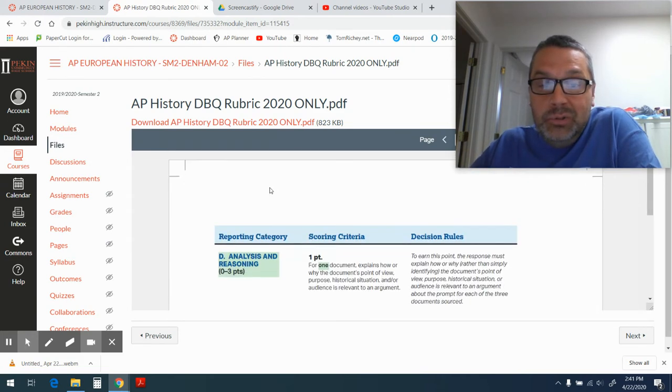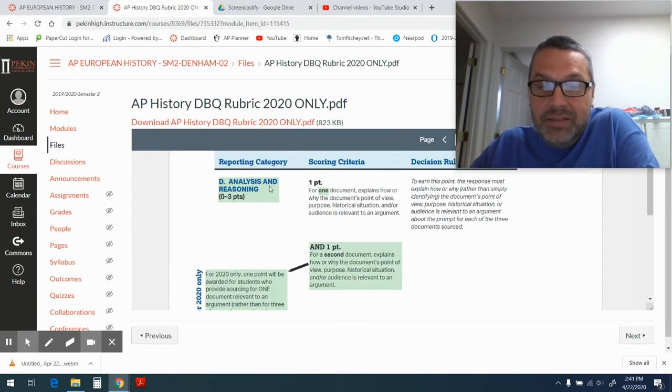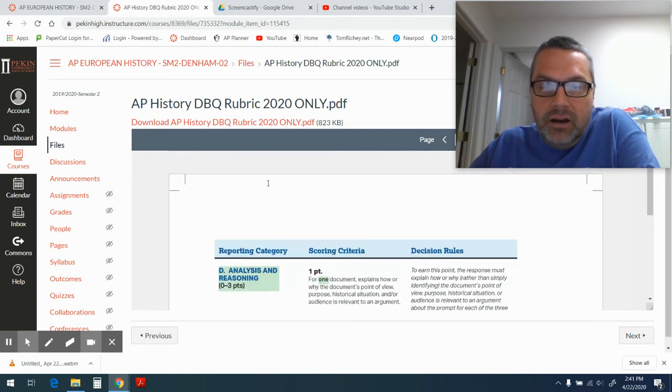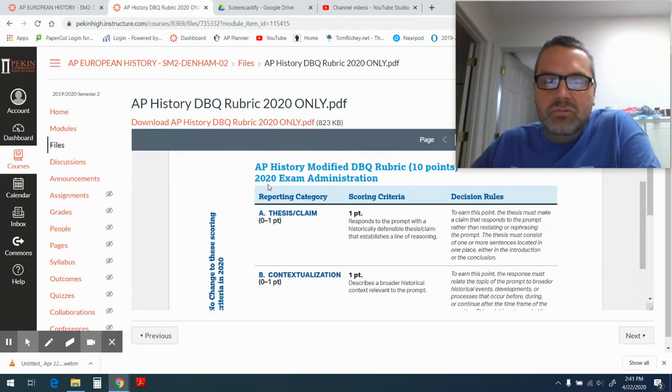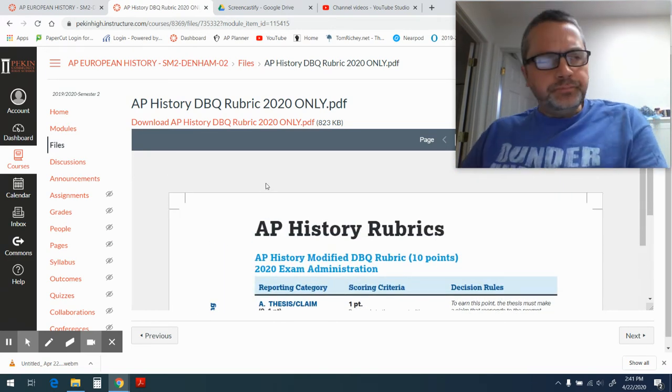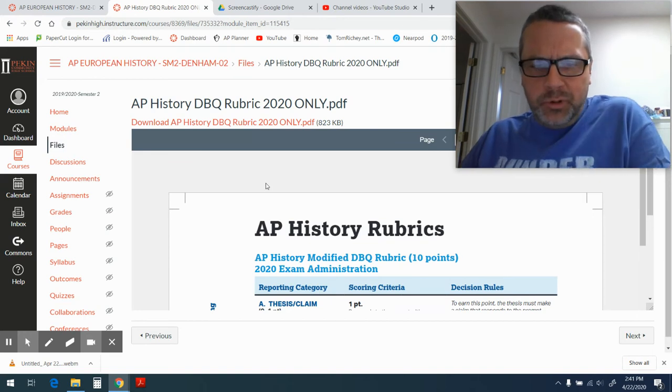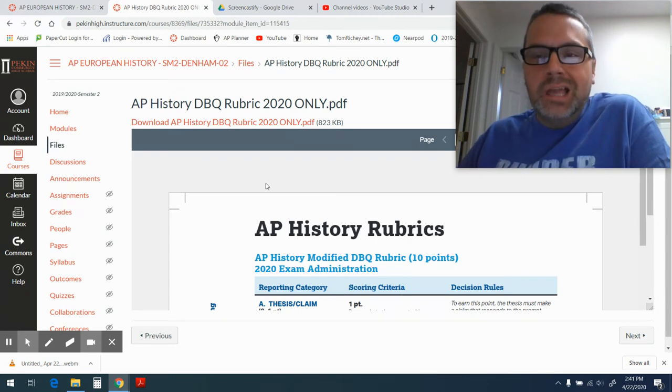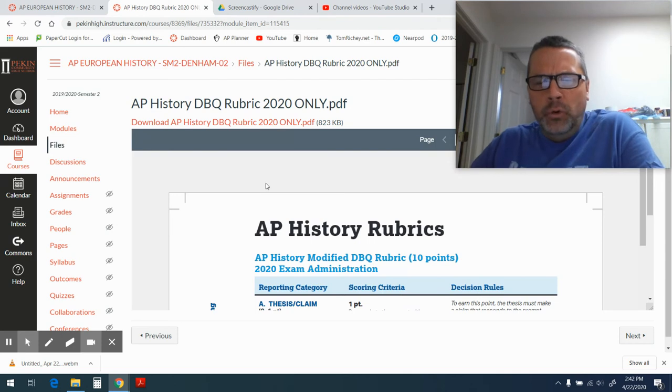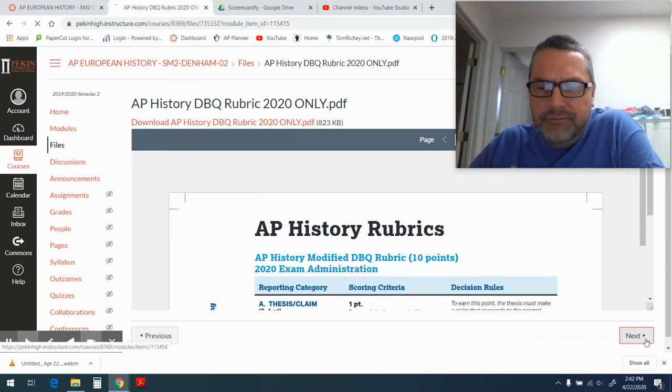And then that includes outside evidence, and then the analysis and reasoning and all that stuff. This rubric is very similar to what it was for the regular DBQ, except they've added points for you to use outside information.